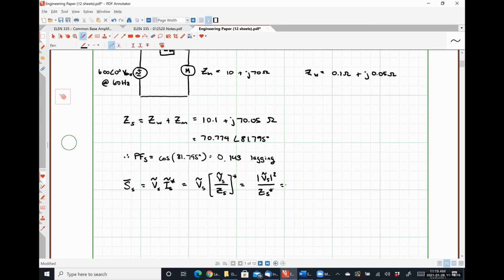So our complex power here should be the absolute value of 600 volts RMS squared divided by 70.774 angle negative 81.795 degrees ohms.